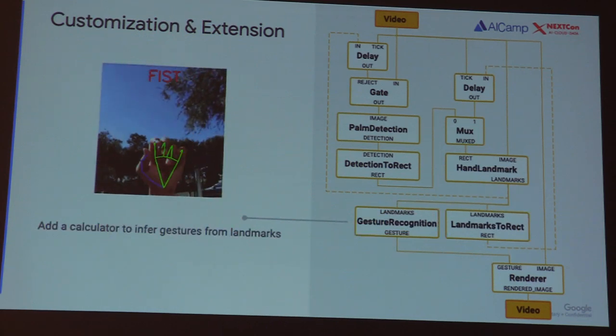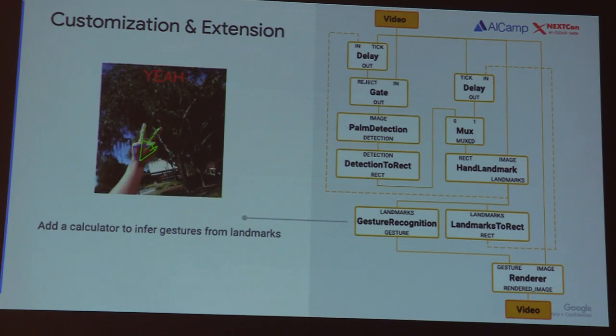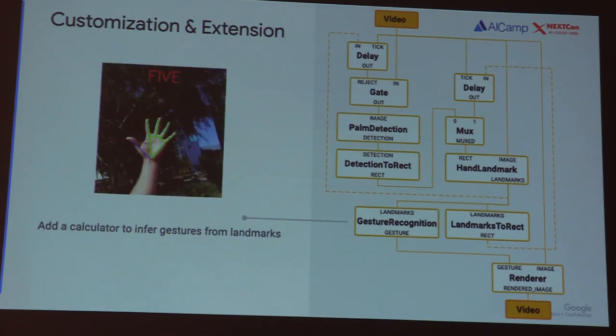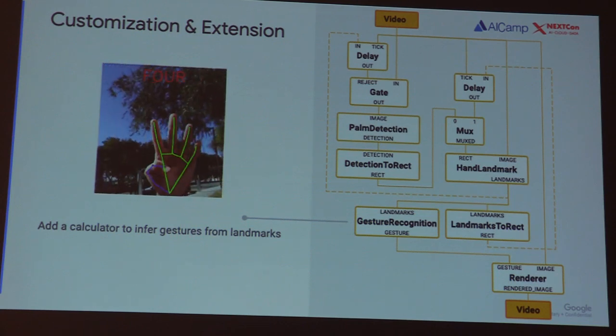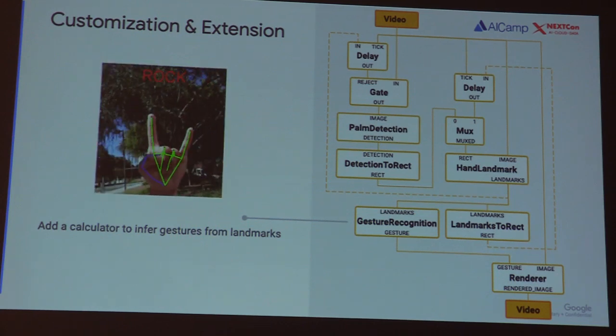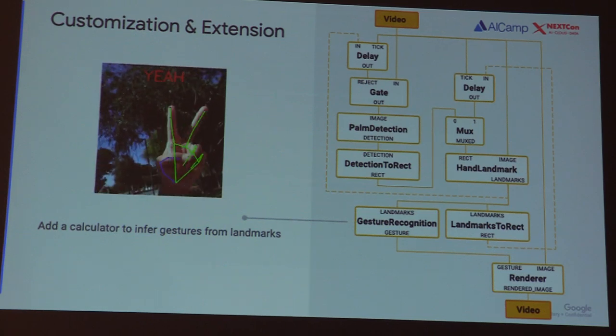Another way to reuse the hand tracking inference pipeline is to use its output to do a new job. So the idea here is to take those hand landmarks and to recognize gestures.